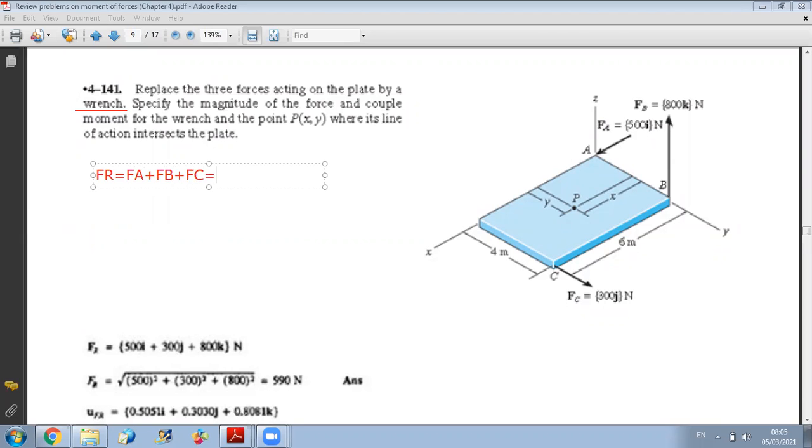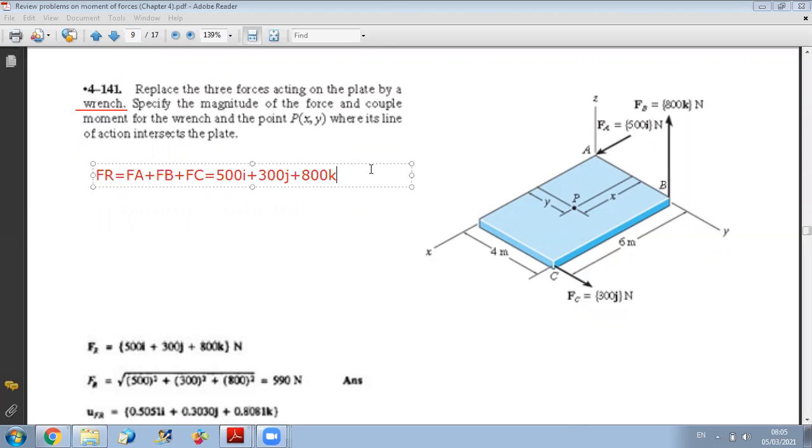Okay, so it's equal to 500i plus 300j plus 800k. So the first step, as we said, is to calculate the resultant force, and once we have it as a vector, we can calculate its magnitude as radical of 500 squared plus 300 squared plus 800 squared.